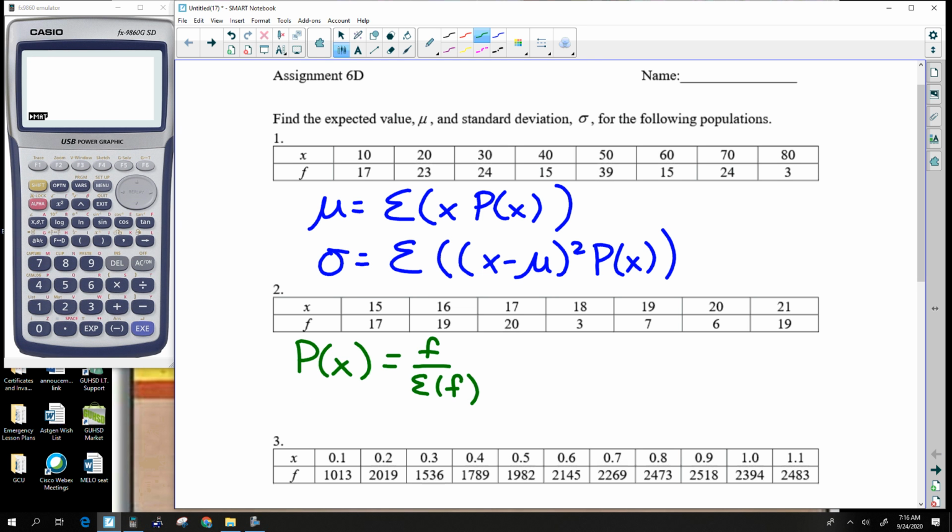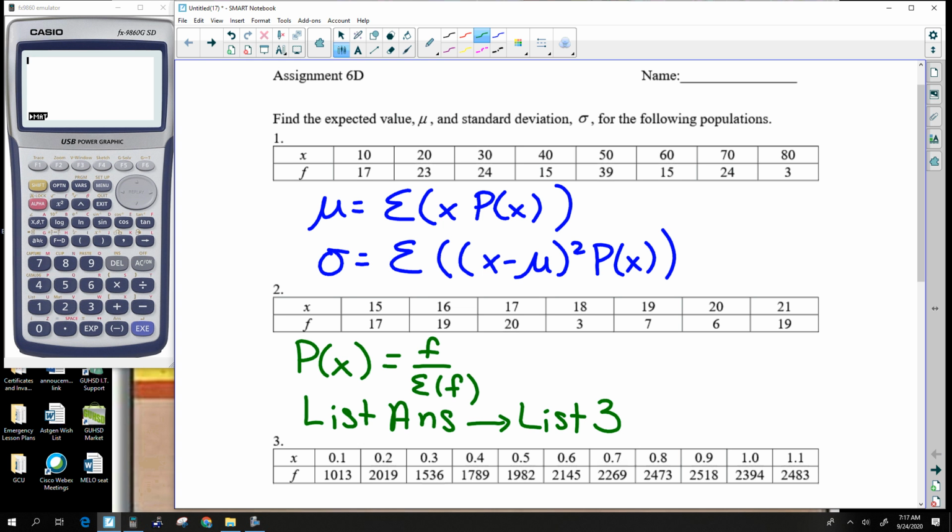Okay, once you get this list, you're going to take that list answer and store it, that's the little button above the on button, as list 3. Okay, so that will be your list 3. And then when you find your mu, you do that equation that is right there.